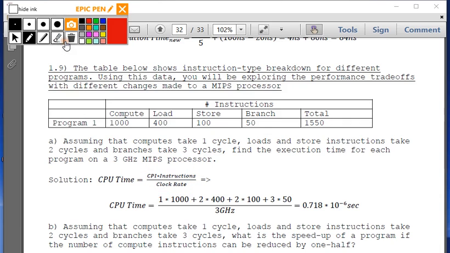So here, the next step is to multiply them out. This becomes 100 times 1, plus 400 times 2, plus 100 times 2, plus 50 times 3, divided by 3 times 10 to the 9. This is a sufficient answer on an exam.